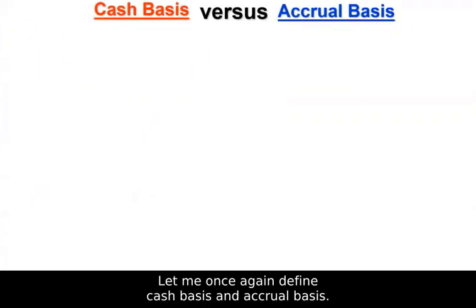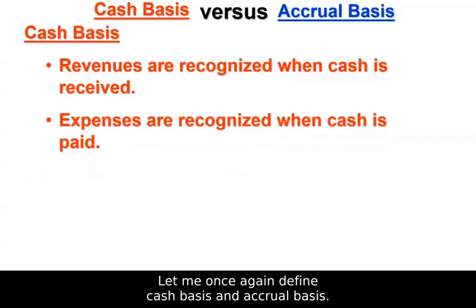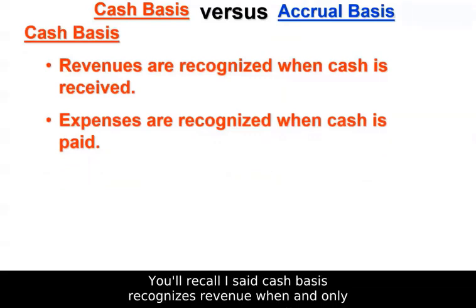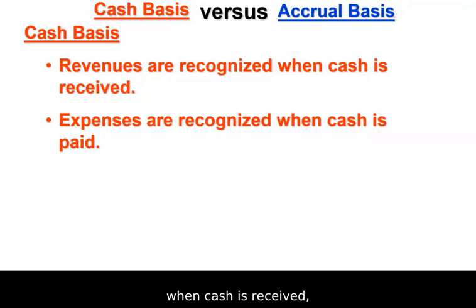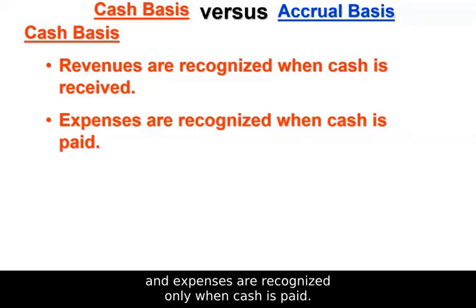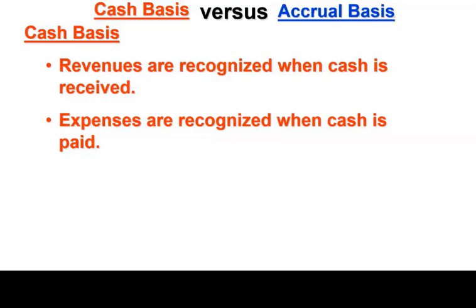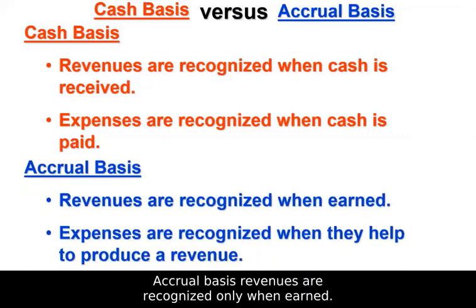Let me once again define cash basis and accrual basis. You'll recall I said cash basis recognizes revenue when and only when cash is received, and expenses are recognized only when cash is paid. Accrual basis, revenues are recognized only when earned.